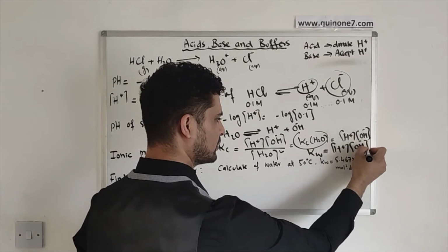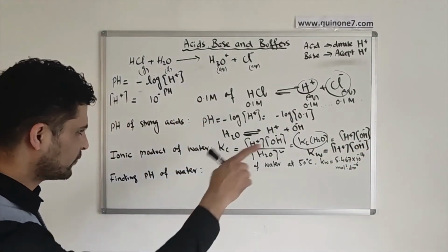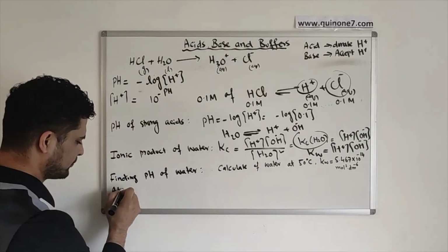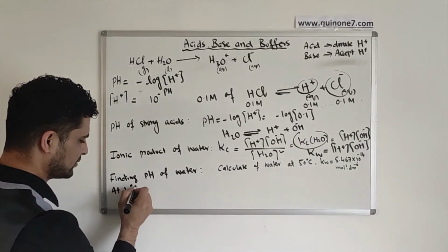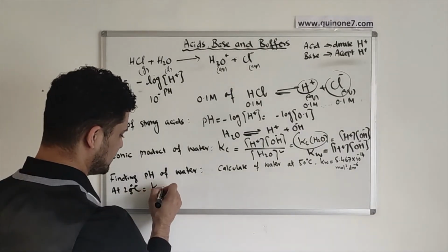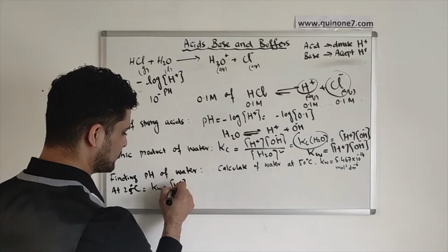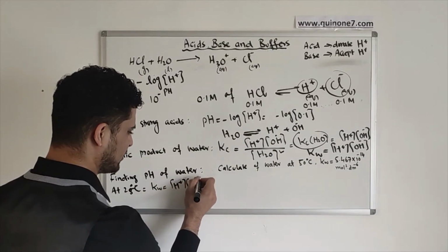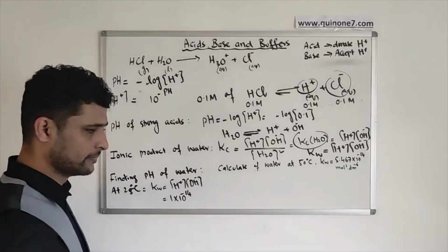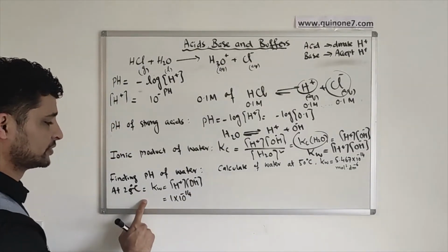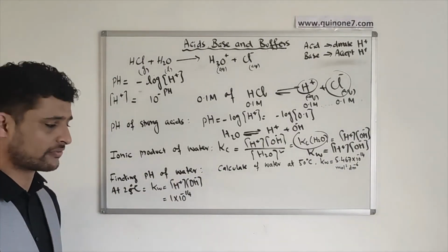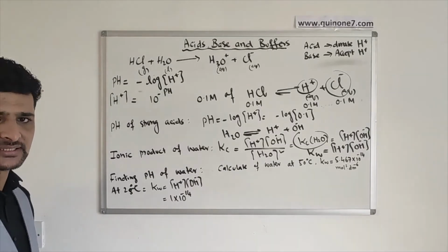Now, the value for Kw at 25 degrees centigrade, the room temperature and the standard, is Kw equal to H positive ion concentration times OH negative ion concentration, which is equal to 1 times 10 to the power minus 14. If you want to find the concentration of H positive ion from this formula, it is pretty easy and straightforward.